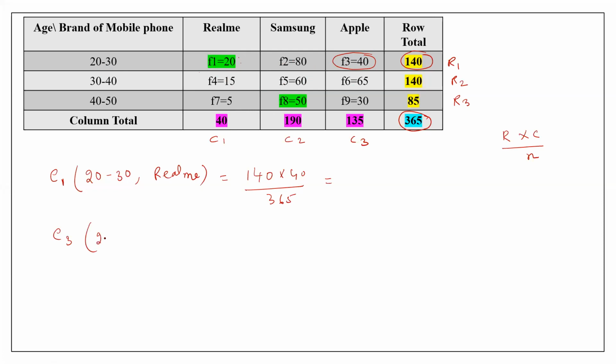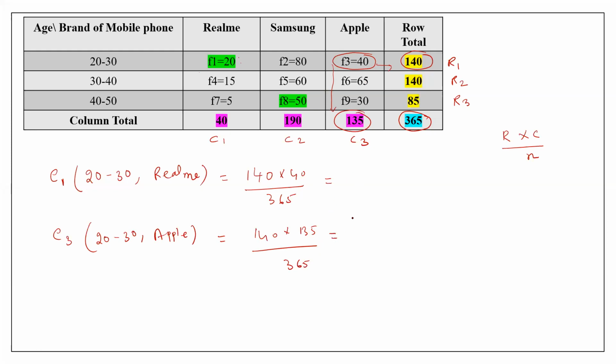So the expected frequency will be your row total, which is again 140, and your column total, 135, and the whole divided by the total number, which is 365.